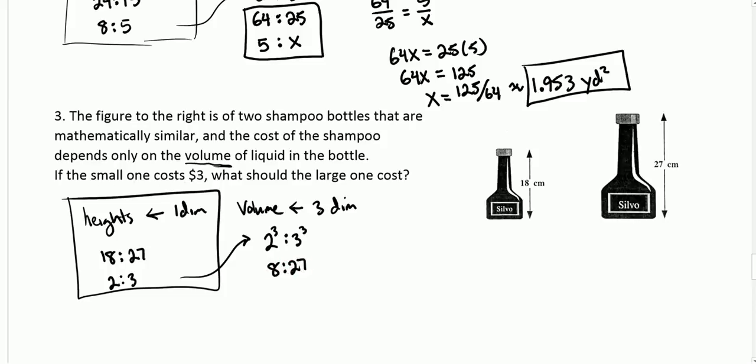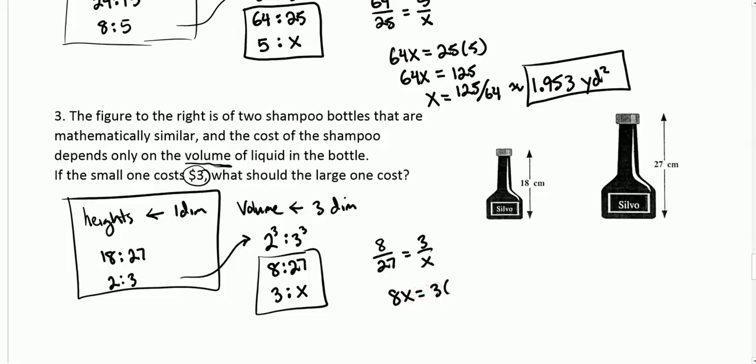The small bottle costs $3, so 3 goes with the small because the price is related to the volume. We don't know what the cost of the larger one should be, so we're going to take those and set up a proportion here. 8 to 27 is 3 to x, and cross multiply. 8x is 3 times 27, or 8x is 81.